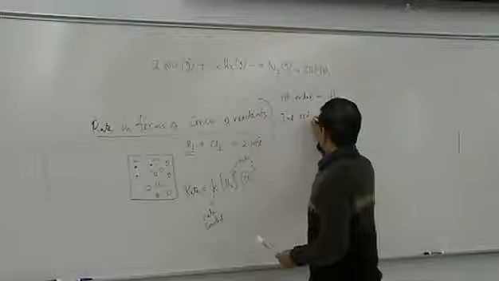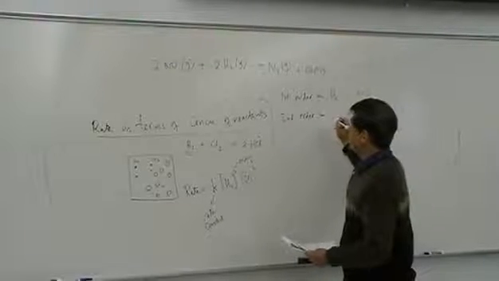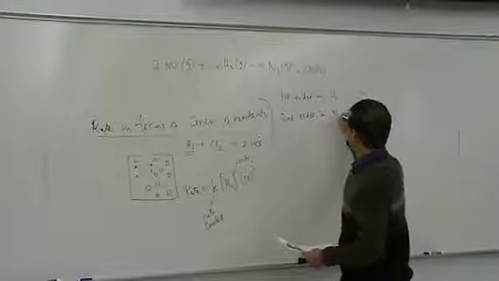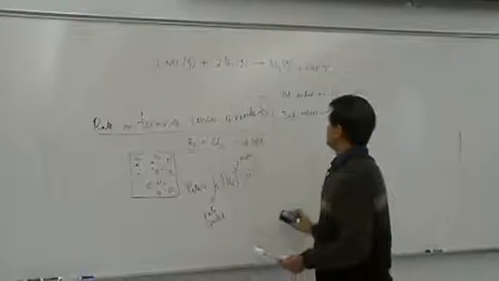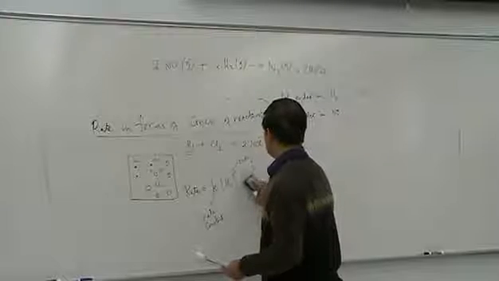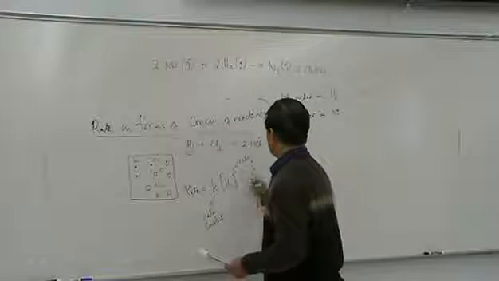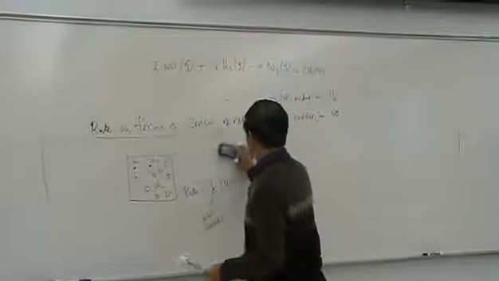Second order in NO. So let's call NO B. I think we should write down, this is H2, and then this is B, NO, for a different reaction.